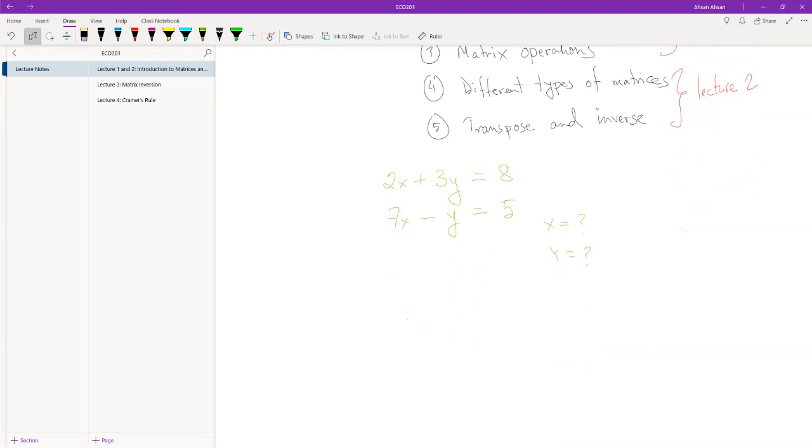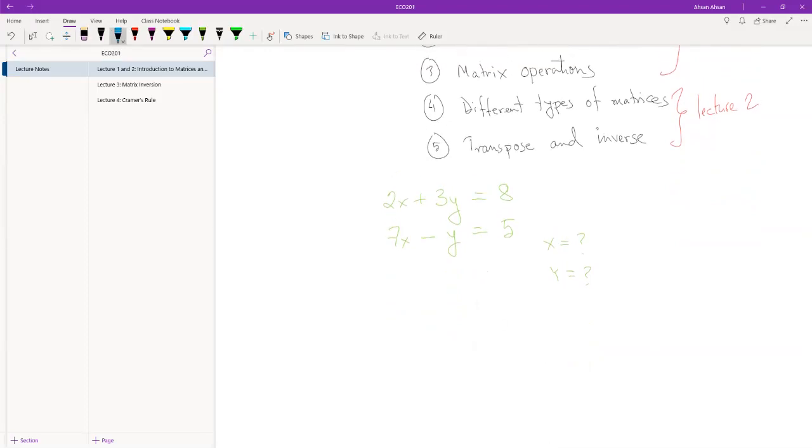That's okay. So the method that I use, what I'm going to need is either these 2 values to be equal or these 2 values to be equal. So what I will do is, okay, let's call this equation 1 and let's call this equation 2.